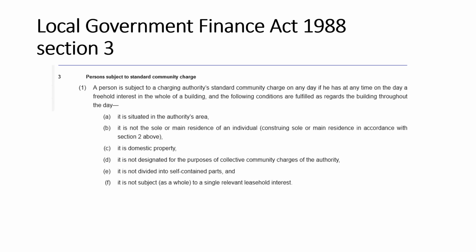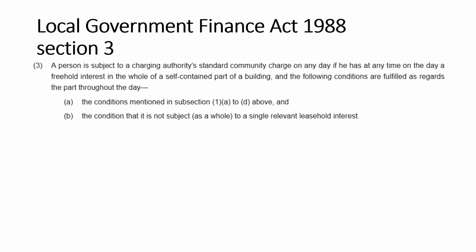Well, there's 1 and then A through E. And again, we go back to letter B, which is not the sole main residence of the individual. So your property is non-taxable if it's your private dwelling space. Now here again we go through section 3, sub 3, and again we come down to section A. The conditions mentioned in sections 1A through D above.